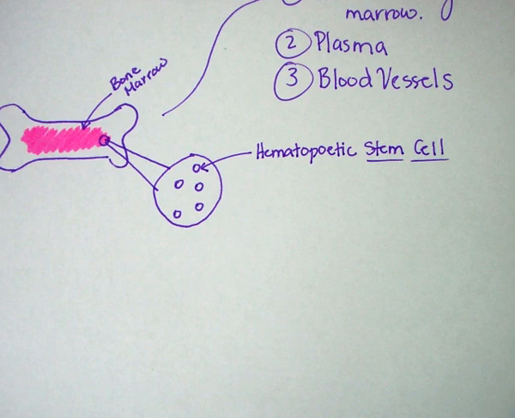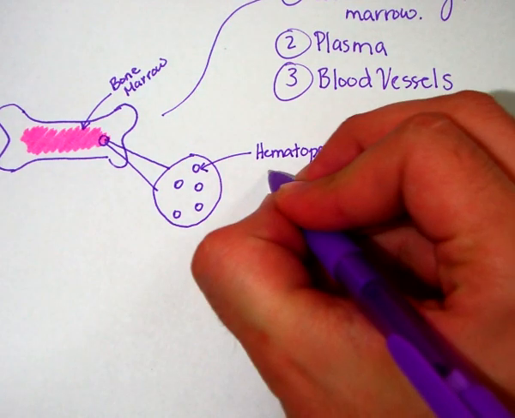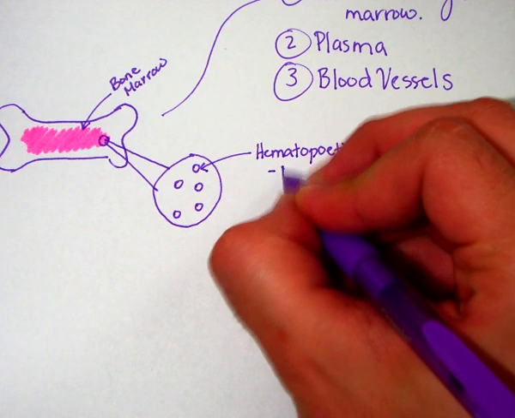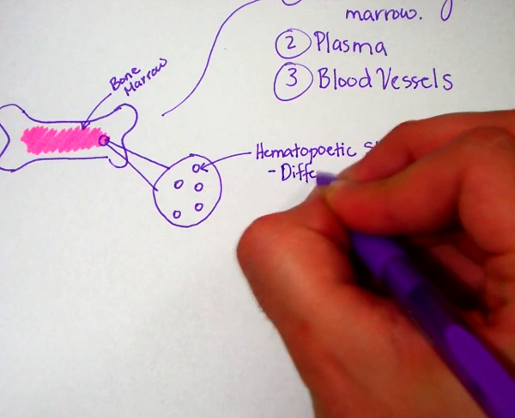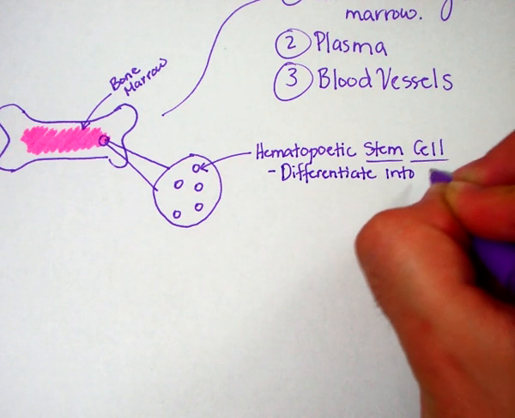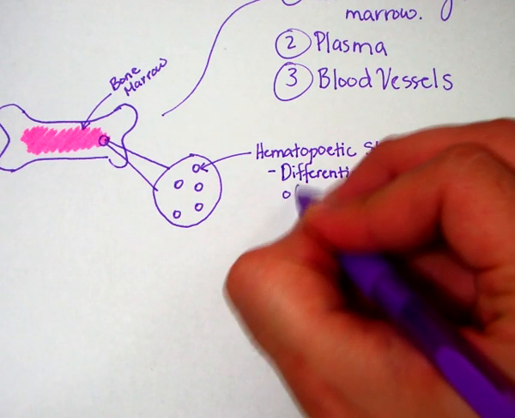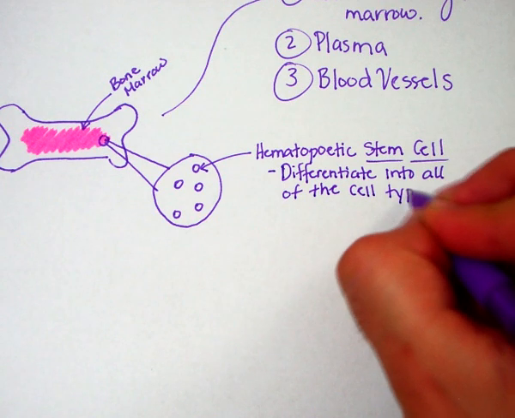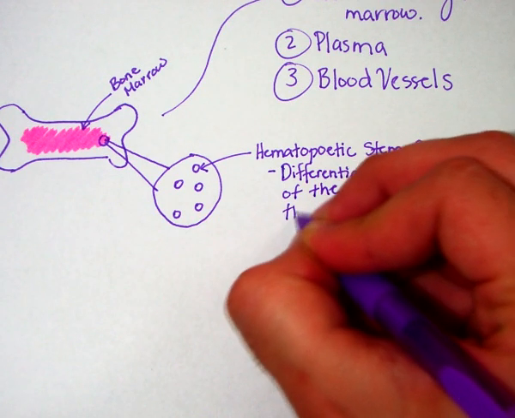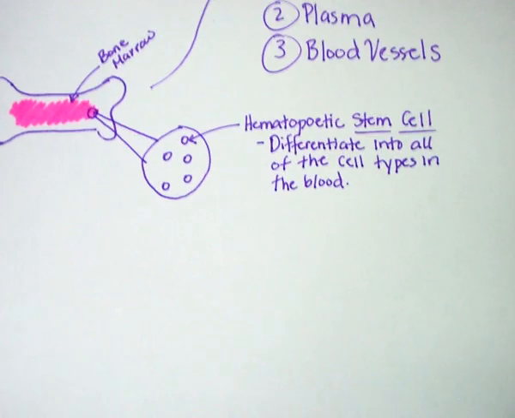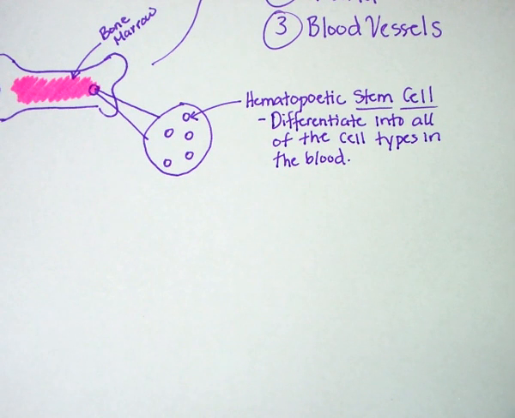A quick profile about these stem cells. Its function is that these stem cells can differentiate into all of the cell types in the blood.